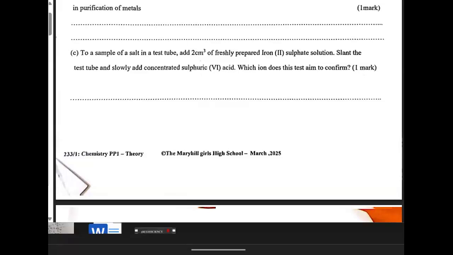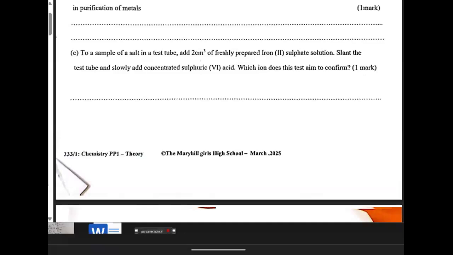That process is the brown ring test. In the brown ring test, a nitrate solution is put in a test tube, and freshly prepared iron 2 sulfate solution is added. Then it is tilted and concentrated sulfuric 6 acid is run slowly down the wall of the test tube.